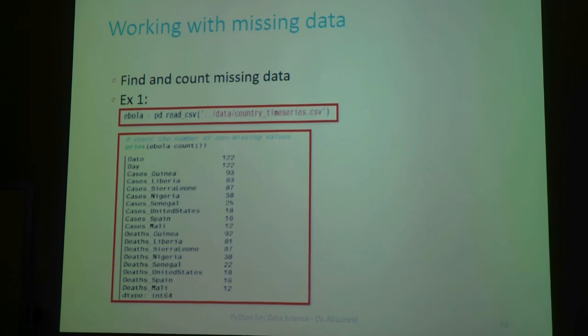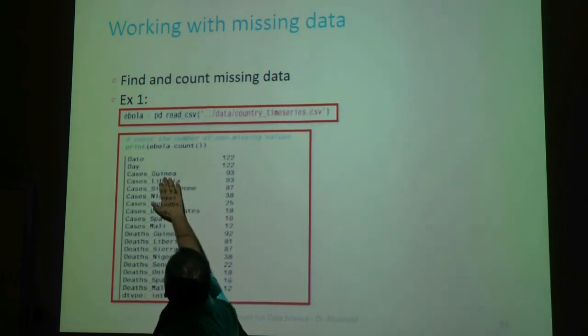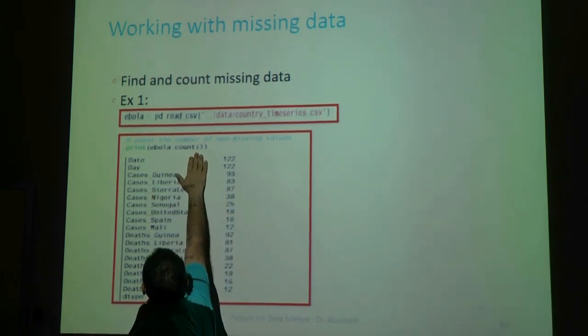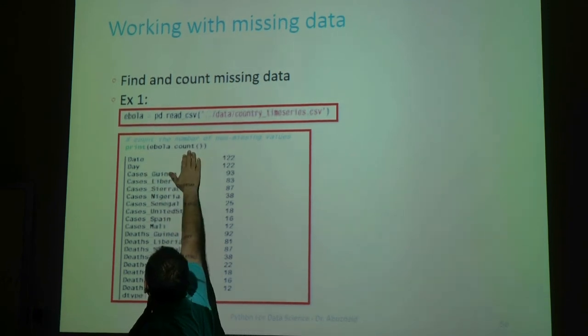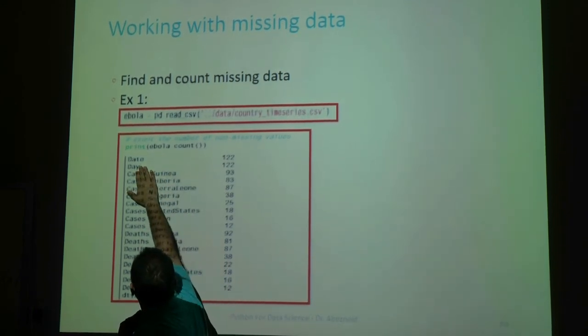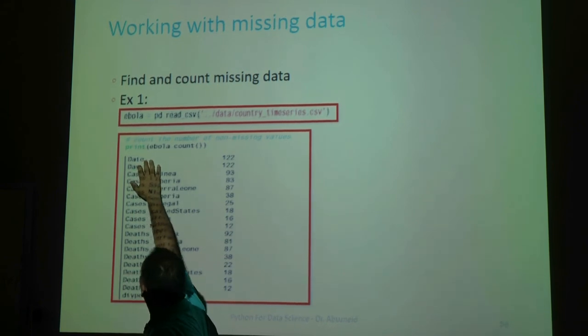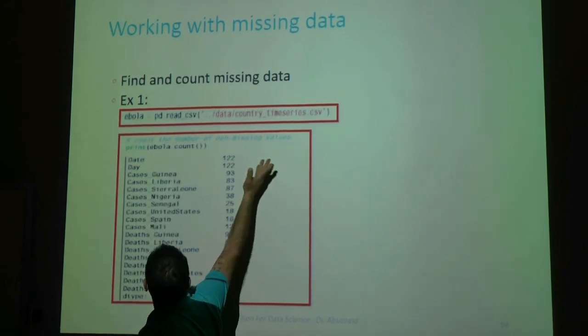From the Ebola data, which we already covered, I need to know how many Ebola records there are per country. So how many for date, how many records? 2022 full, there's no missing.